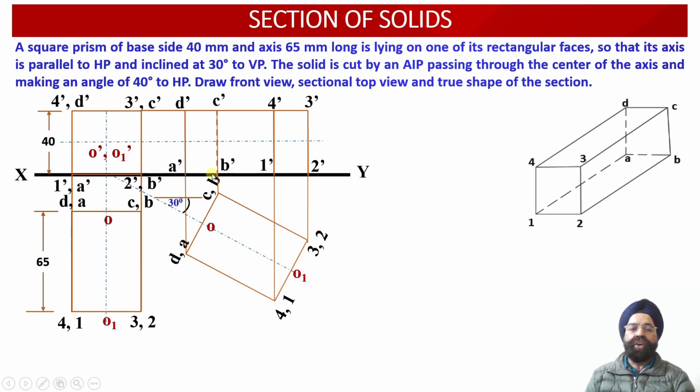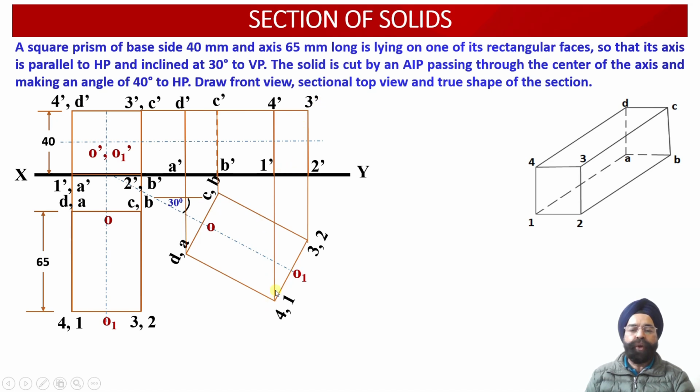This is the horizontal projector line through point 2 dash. So the intersection of these two projector lines provides us with the location of the point 2 dash in the elevation projection view. Next we have got the vertical projector through point 3 intersecting with the horizontal projector through point 3 dash, yielding us the point 3 dash in the elevation projection view.